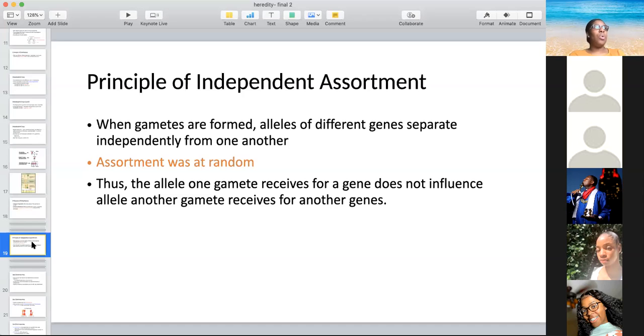There's no rhyme or reason why an individual inherits the allele for blue eyes versus an allele for brown eyes. When gametes are formed, alleles of different genes separate independently from one another, in a random assortment of genes. Therefore, the allele that one gamete receives does not influence the set of alleles that another gamete receives. That's the principle of independent assortment. All of this is happening at random. We have absolutely no control over it.